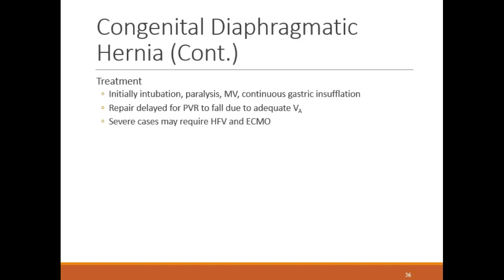They usually wait a little while to close the defect and fix it. But babies with diaphragmatic hernias are at risk for pulmonary hypertension due to that pulmonary vascular restriction. So those are typically the ones that end up on high frequency or ECMO.